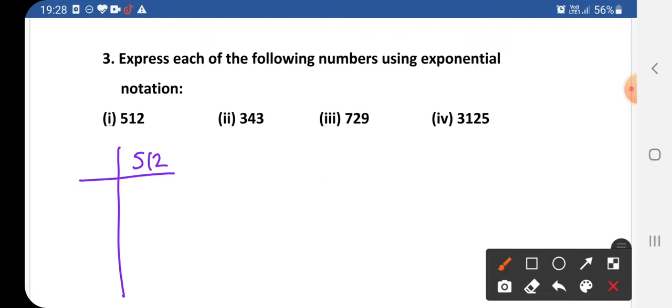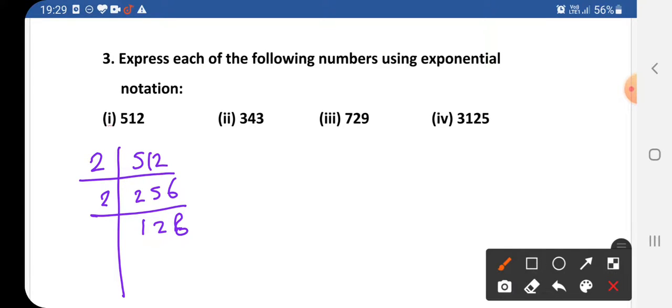For this, we have to just take out factors. Let's factorize it. 2 2s are 4, 2 5s are 10, 2 6s are 12. Again by 2 because it is an even number. 2 1s are 2, 2 2s are 4, 2 8s are 16.